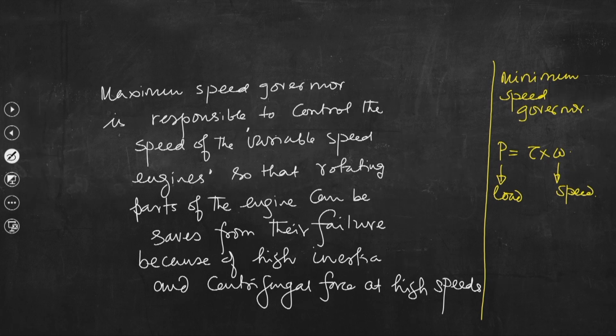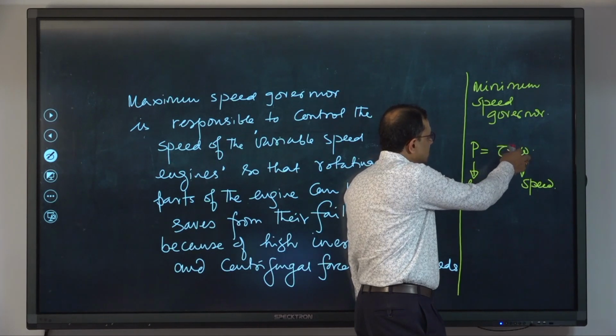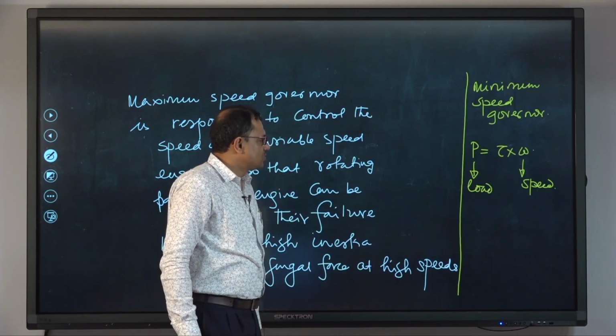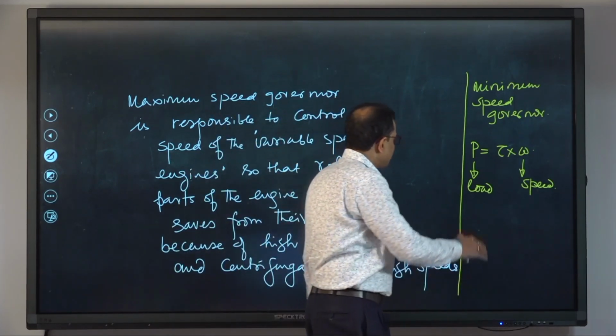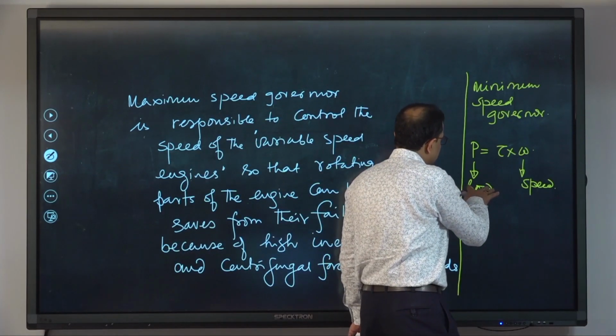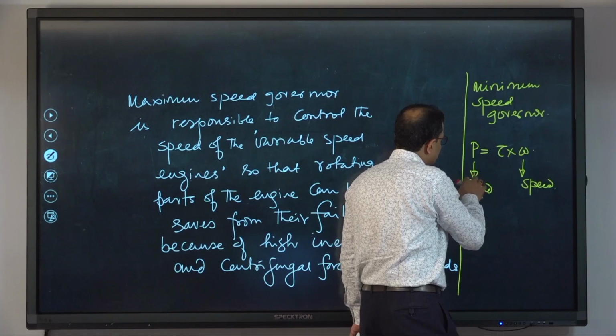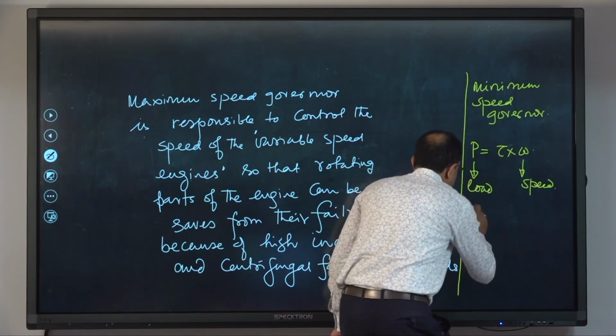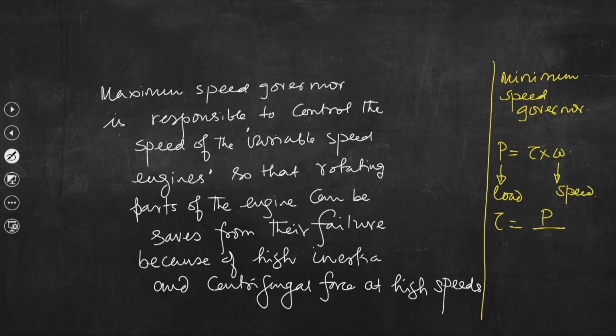When load drops, to maintain constant torque, tau equal to P by omega, the speed will increase rapidly.